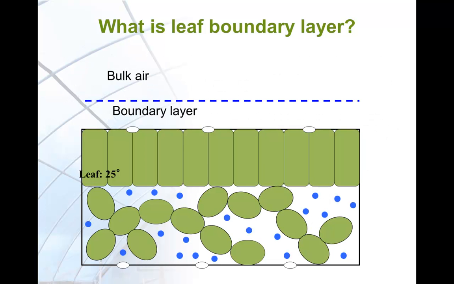So this diagram is showing a conceptual presence of boundary layer separating from bulk air. Those are the stomatal openings, the entrance of gas exchange. Often the microclimate within the boundary layer is very different from bulk air.